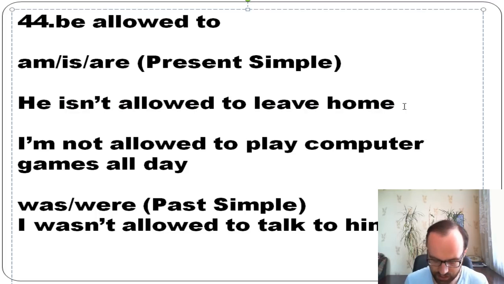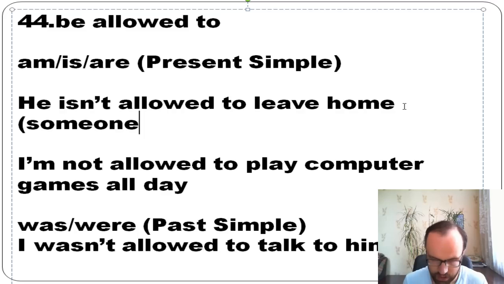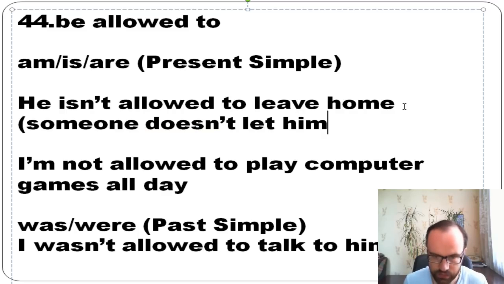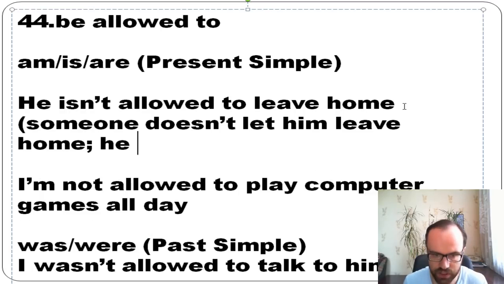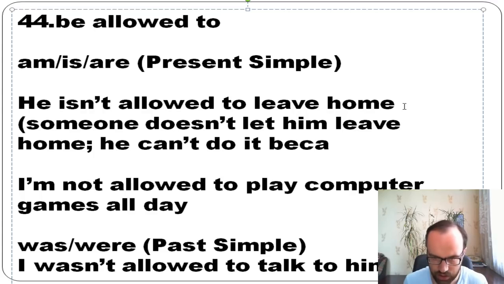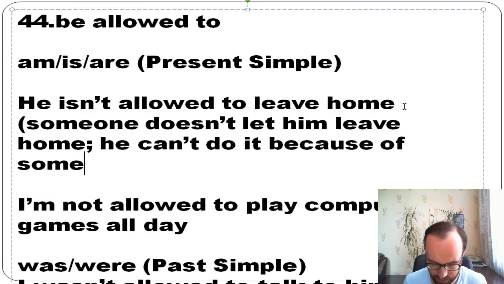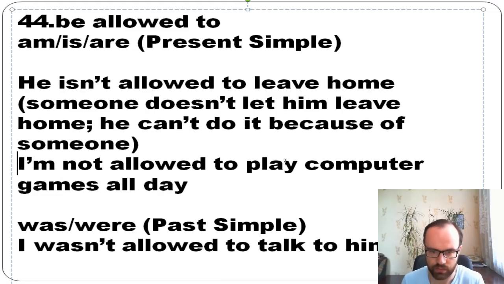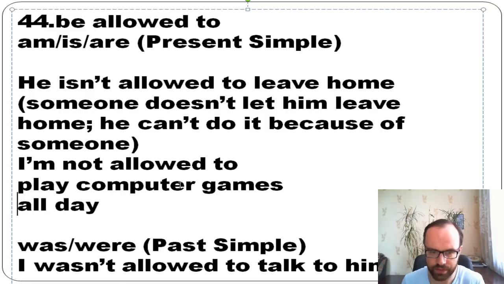It means that other people or someone doesn't let him leave home. He can't do it because of someone.